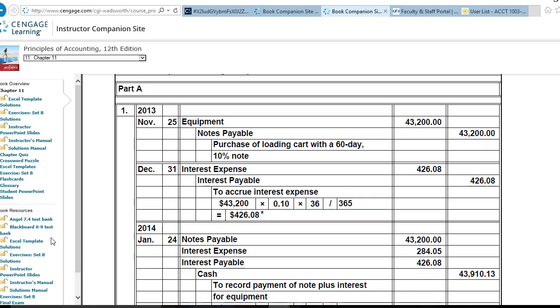We'll credit notes payable of $43,200. And basically we're showing purchase of loading cart with a 60-day 10% note. Okay?